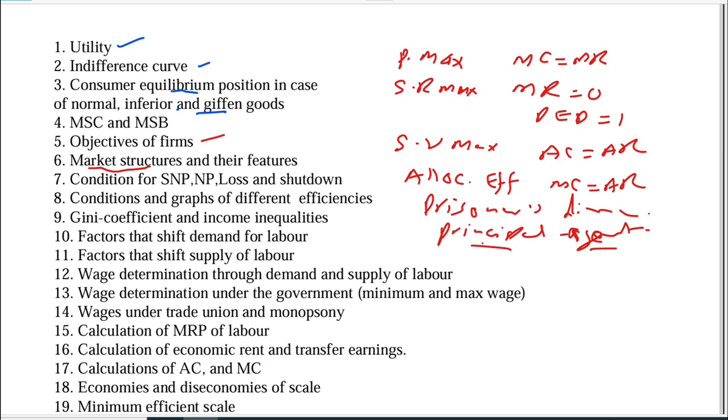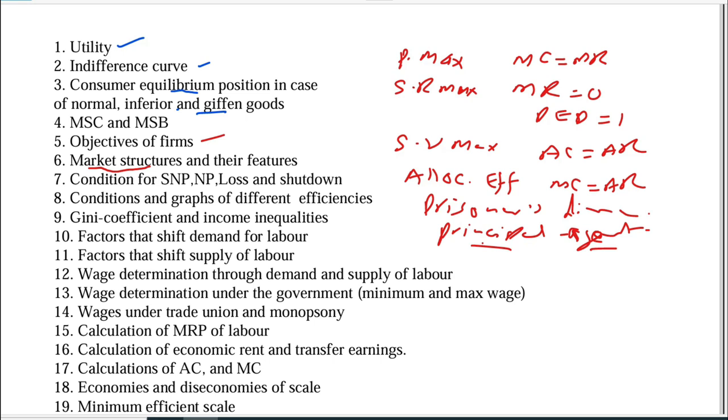Monopoly firms having large resources can afford to buy machinery, technology, tools, and undergo research and development, while perfectly competitive firms are generally dynamically inefficient. And perfect competition is productively efficient and allocatively efficient as well. And you must know the other features of price discrimination, freedom of entry and exit, contestability. Contestability is when there is freedom of entry and exit, new firms can easily enter the industry and existing firms can leave the industry.